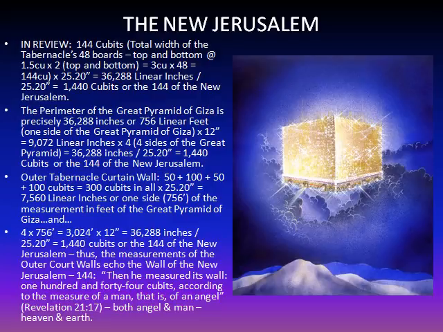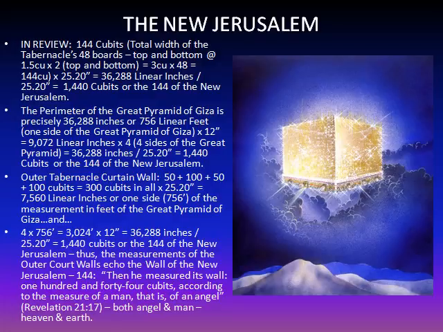And 4 of those 756 sides of the Great Pyramid of Giza will equal to 3,024 linear feet, times 12 inches is equal to 36,288 linear inches, divided by the sacred cubit of 25.20 inches, again will equal 1,440 cubits, or the 144 of the New Jerusalem.